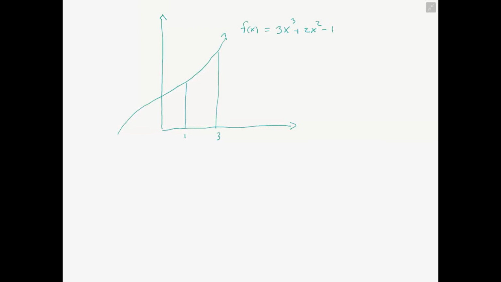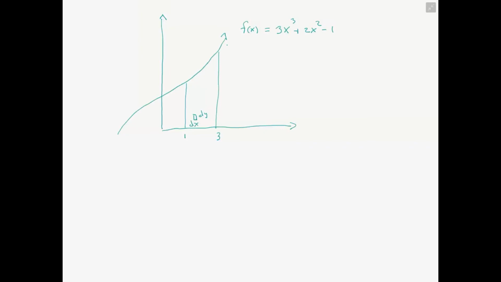Well, we can think of this, and I mentioned this in the last video, that there are infinitesimal areas that we're adding up from the x-axis up to the function f of x, which is our limit of integration.